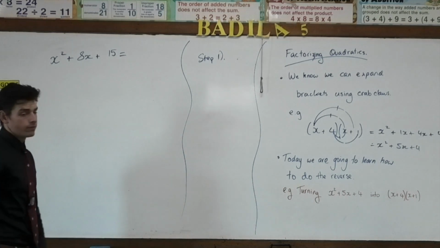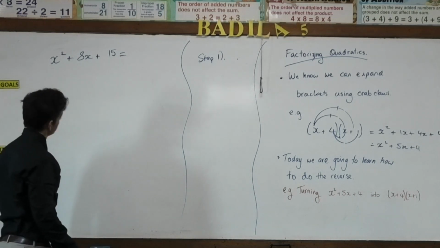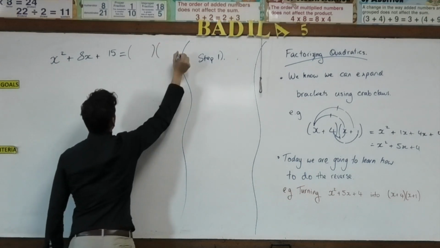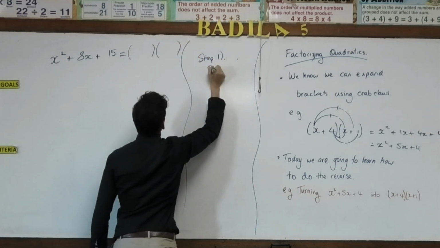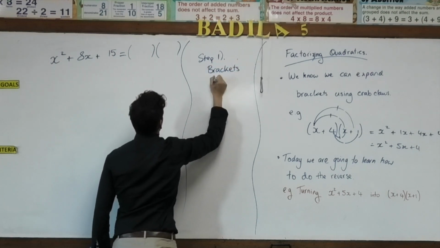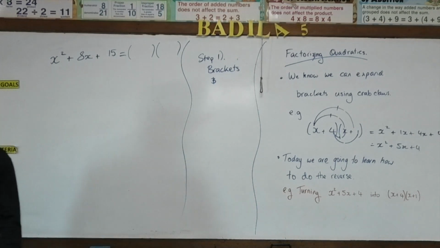Step 1. I'll show you in a second. Step 1, I need to draw my brackets. What else do you think I already know what I need to do? What do I already know about this?